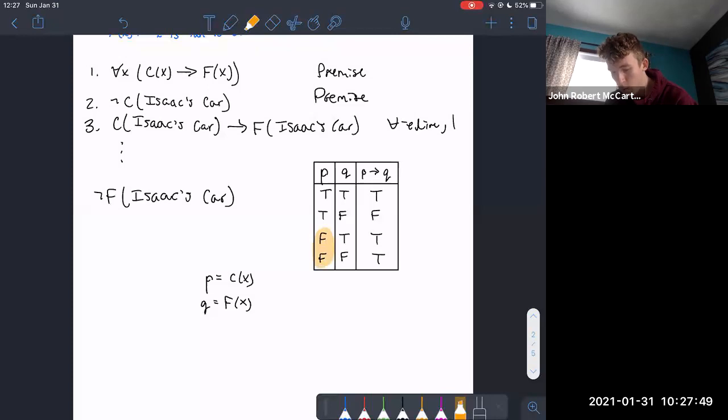So we're working with these two rows, and C implies F is true. So these are the two rows that we're considering. We want to be able to say something about Q.